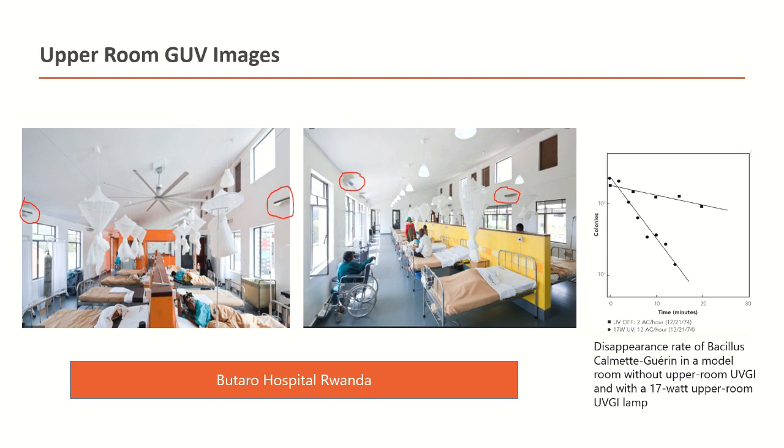When the UV was off, the air there had nearly 2 ACHs, whereas after switching on the UV, the same air was equivalent to nearly 12 ACH.